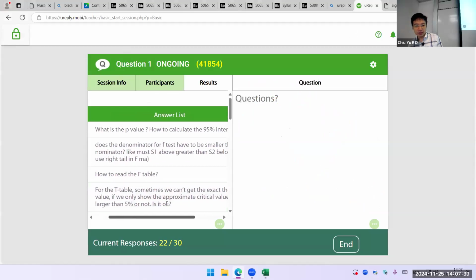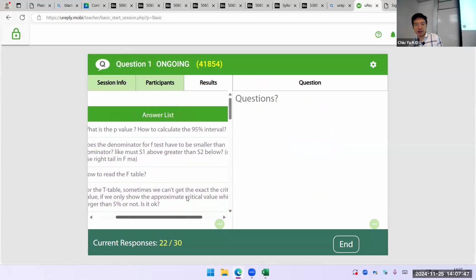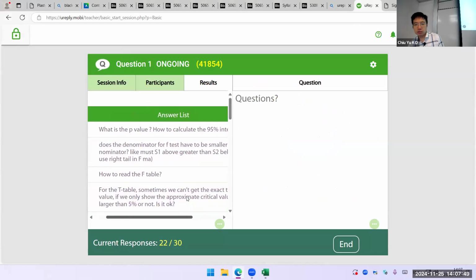So the next question is, how is the denominator? It can be anything. So the question is the F test.